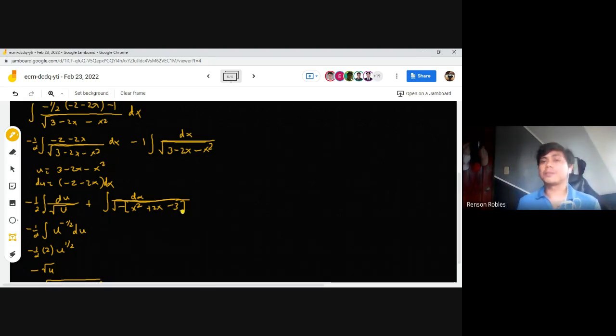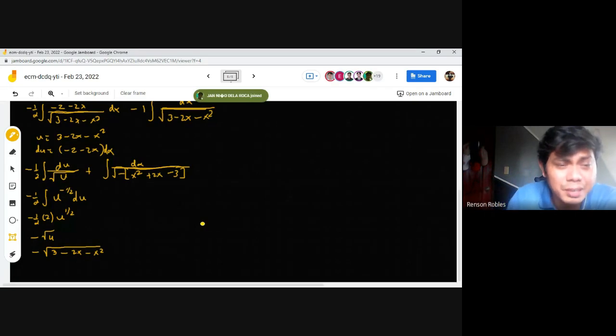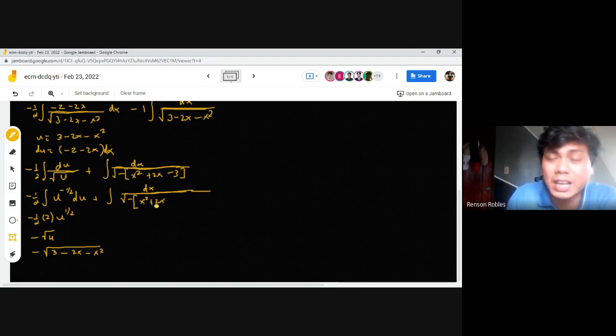And then sa loob ng bracket, we will complete the square. Plus integral of dx all over the square root of negative x squared plus 2x, 1 half of 2, that's 1, square, 1 pa rin. So plus 1, minus 3, then you subtract the same thing, minus 1.